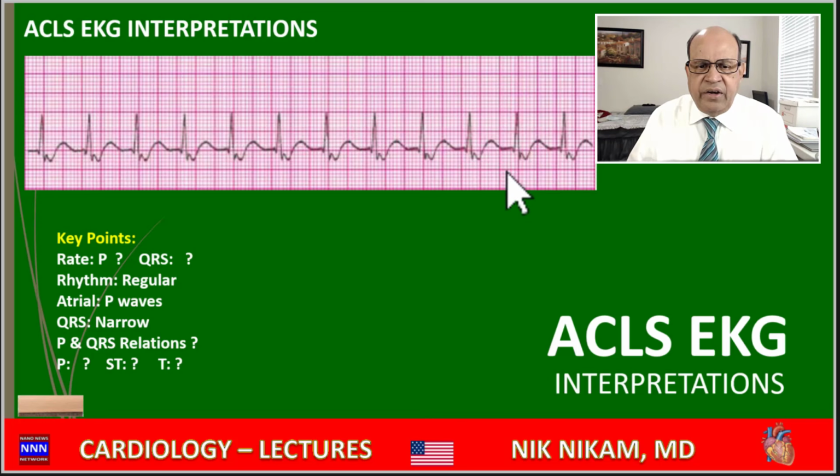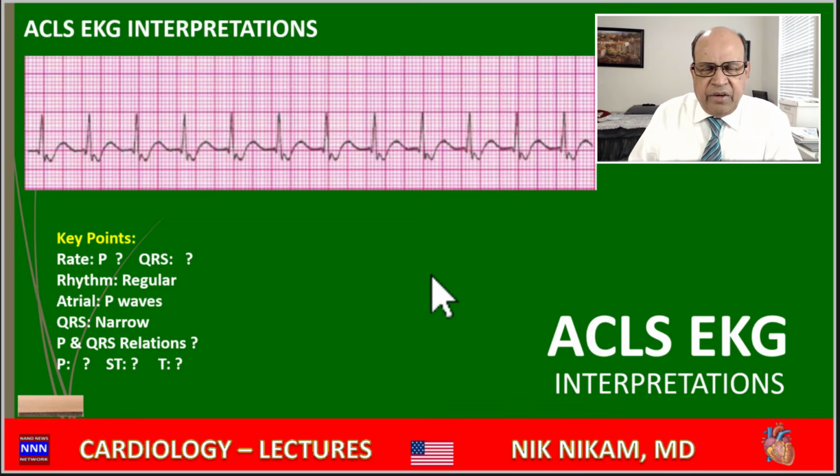Junctional tachycardia is not very common. It can also be a reentrant tachycardia involving the AV node where we see a retrograde P wave, in which case it is called AV nodal reentry tachycardia, AVNRT. And if we see junctional tachycardia, then we should think about digitalis toxicity.